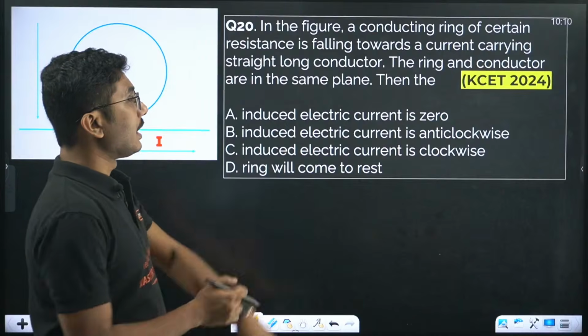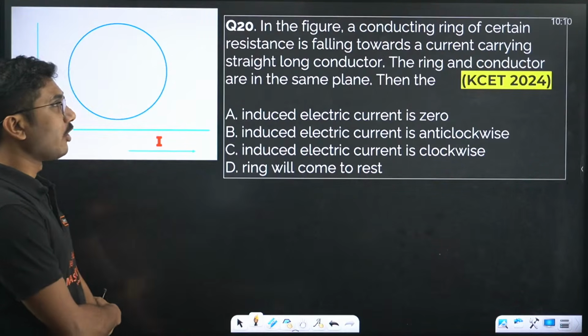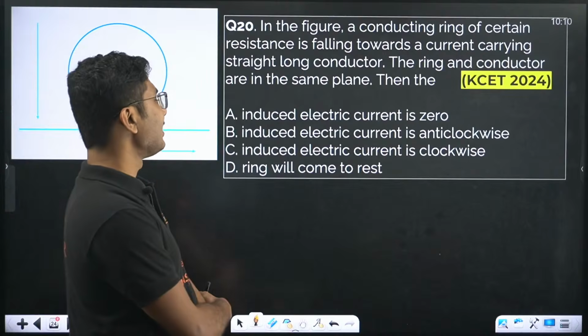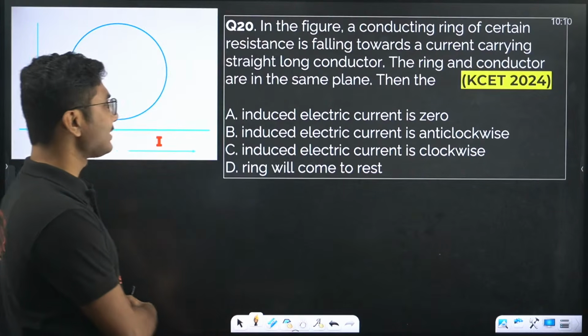In the figure, a conducting ring of certain resistance is falling towards a current carrying straight long conductor. The ring and the conductor are in the same plane.